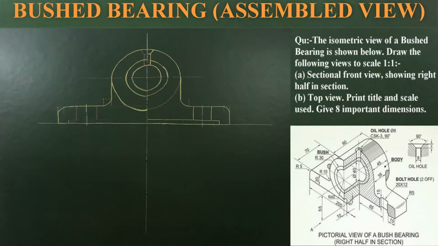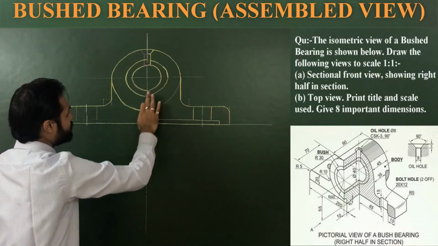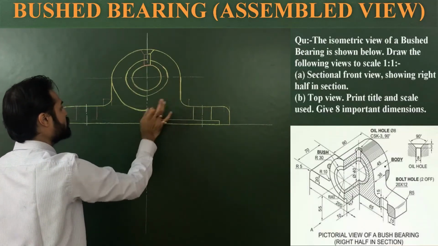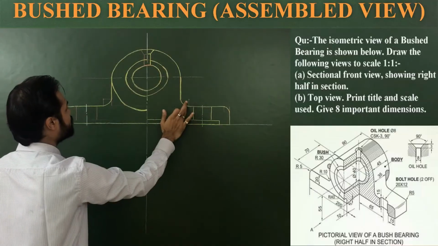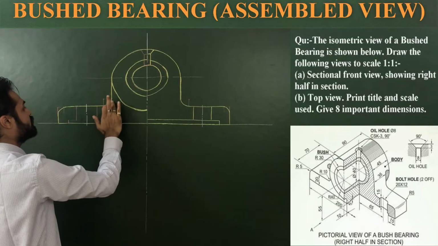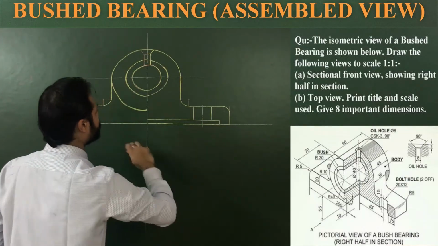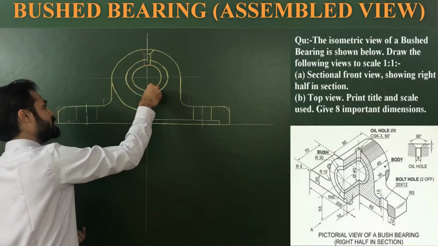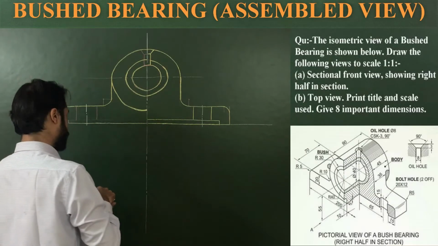Now right half in section means for the right half we have to show hatching lines. So these are hidden lines, these are also hidden lines. So for hatching, again use a light pencil.